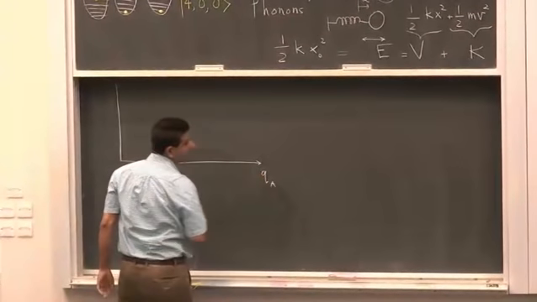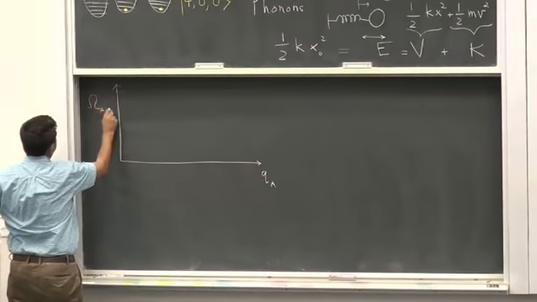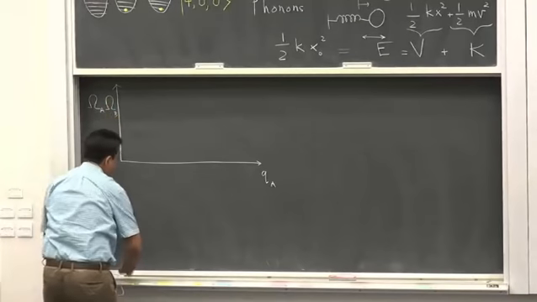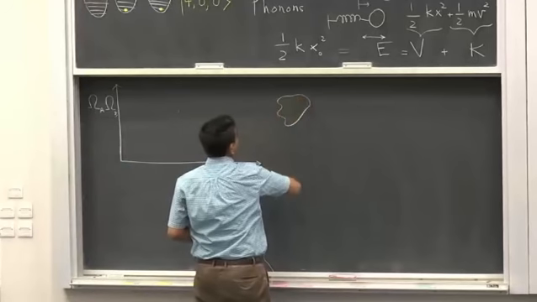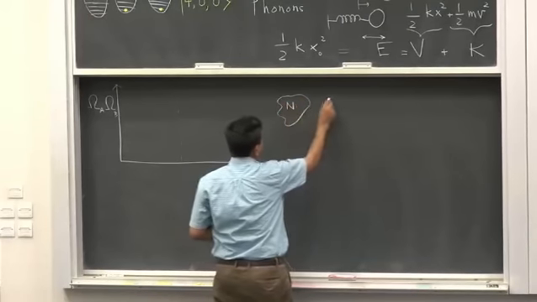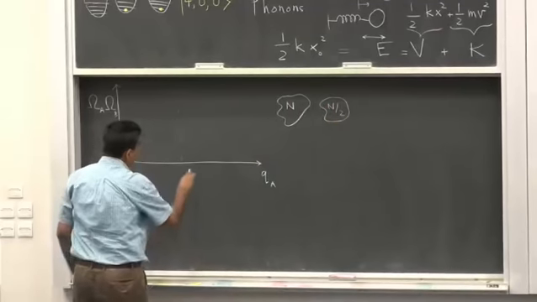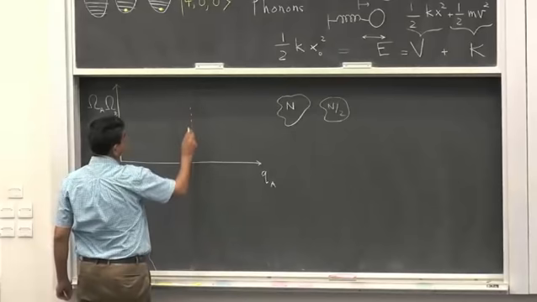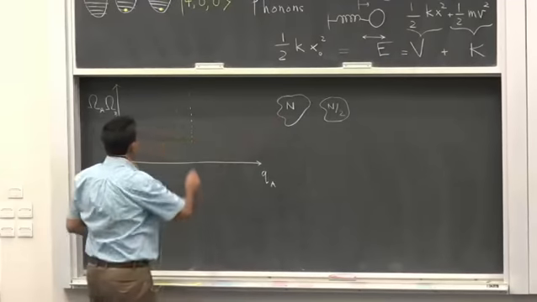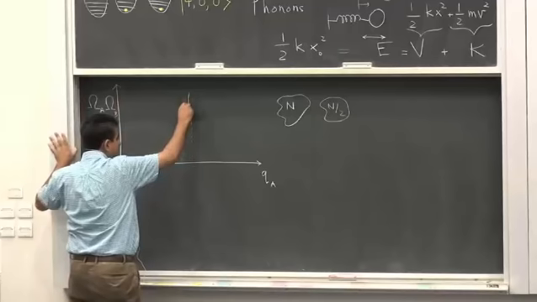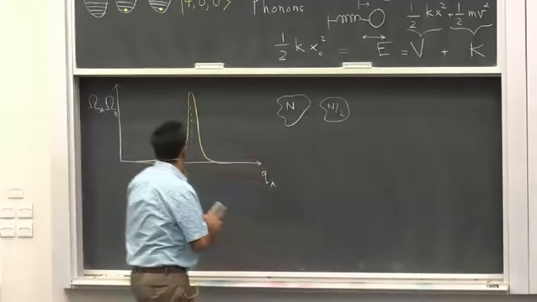QA, multiplicity, omega A, omega B. If I have, say, n atoms here, n by 2 atoms here, the example that we've chosen, 67% of the energy actually lies in solid A, and this function is peaked at this particular QA.